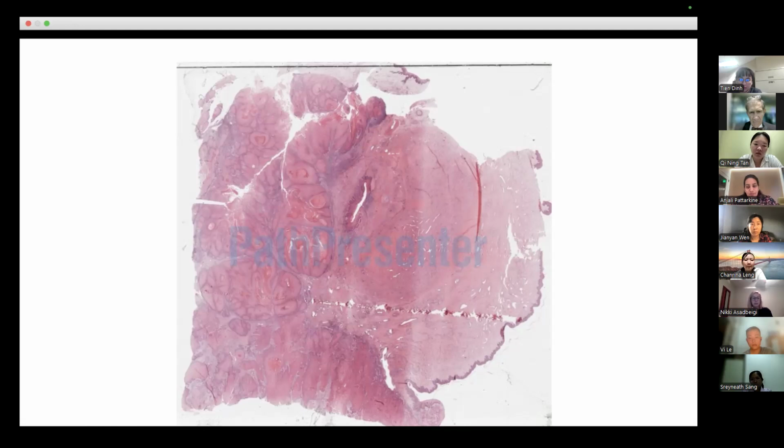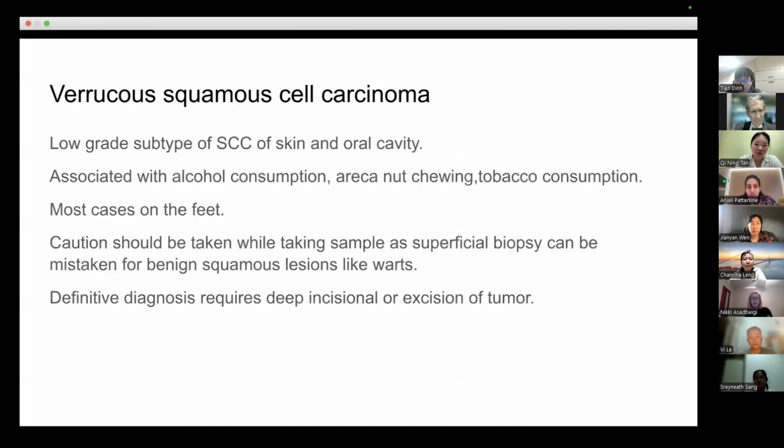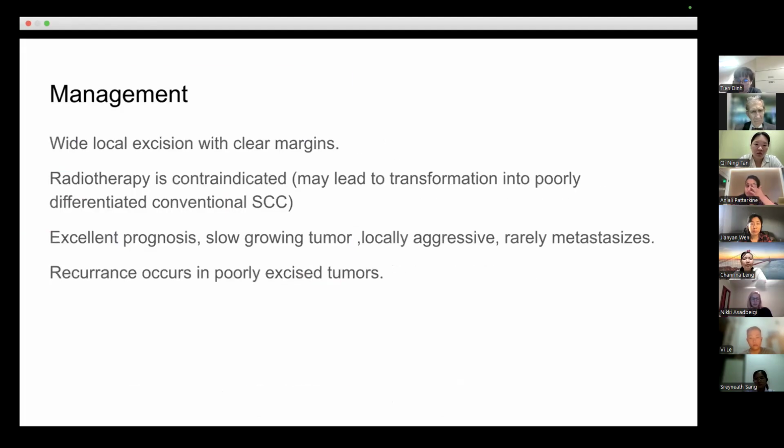That's one of the reasons we don't like to give radiation, because radiation is going to increase other malignancies, sarcomas, or squamous cell carcinomas arising at the site. If something is not acting too bad, you don't want to push it too hard to make it act crazy. For these cases, usually a complete excision is going to be enough for the patient.